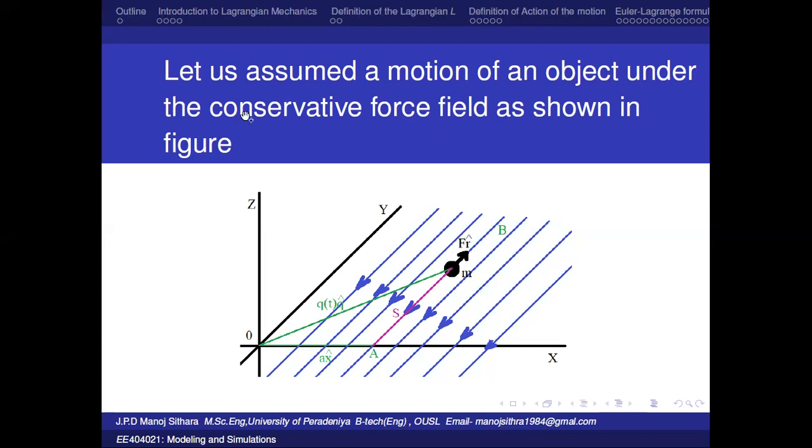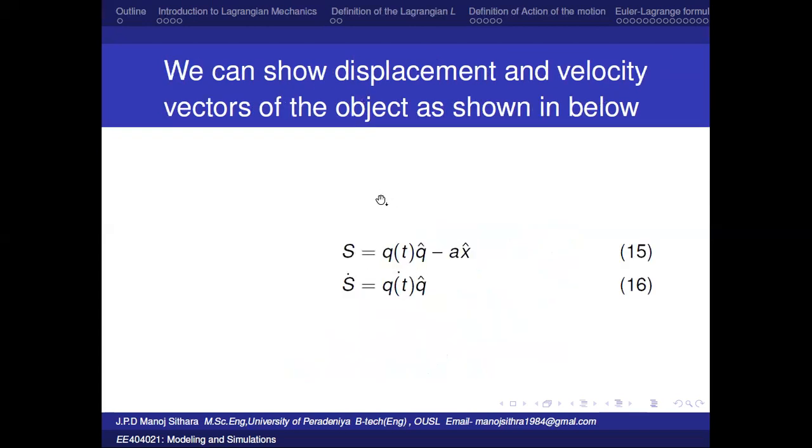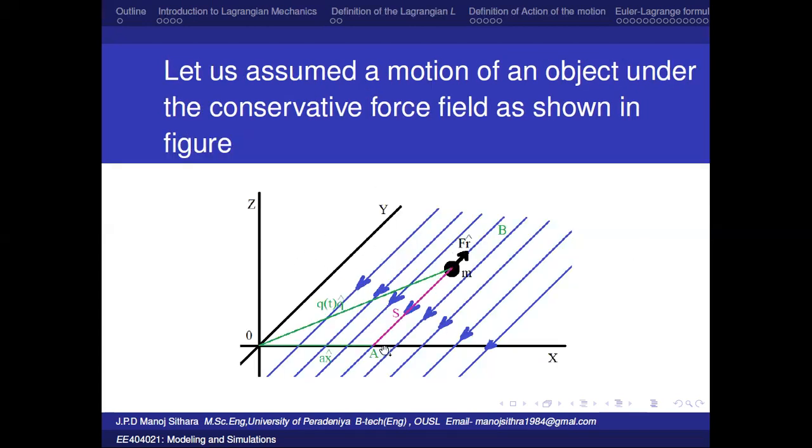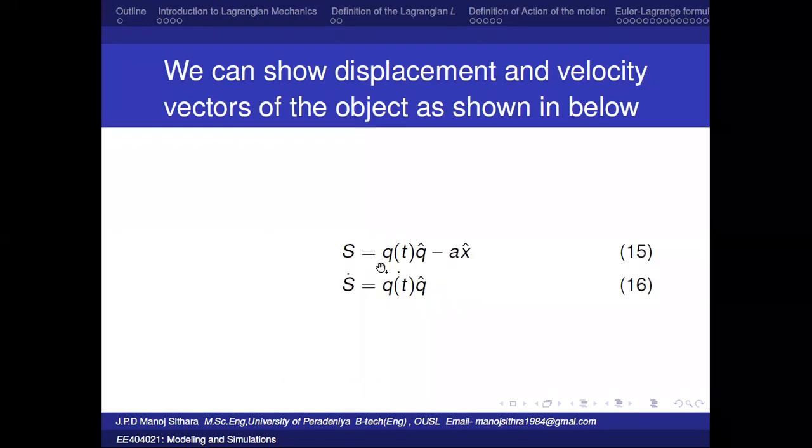To derive the equation of motion using the Lagrange formula, we can consider some very small displacement, and that displacement can be shown in statement number 15 as a vector, right?